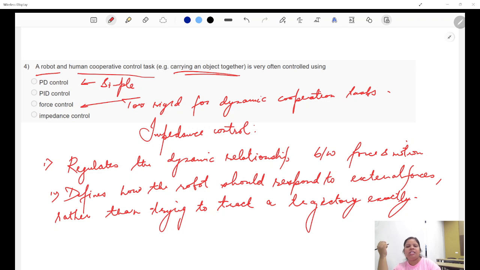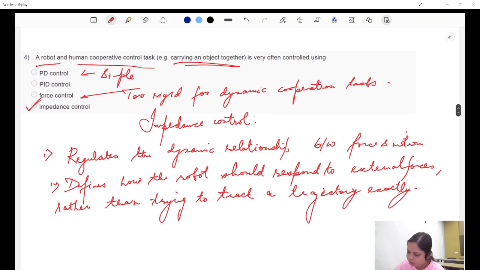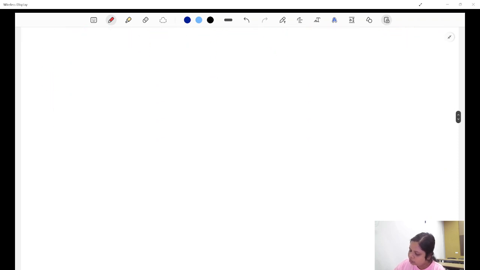And the last one is impedance control. It balances both force and motion, ideal for cooperative tasks with humans. Okay. So that is why our correct answer is impedance control. I hope this is clear. Let's move to the next question.